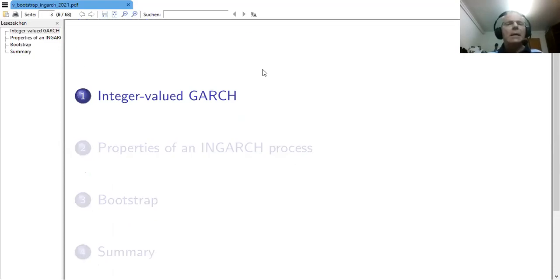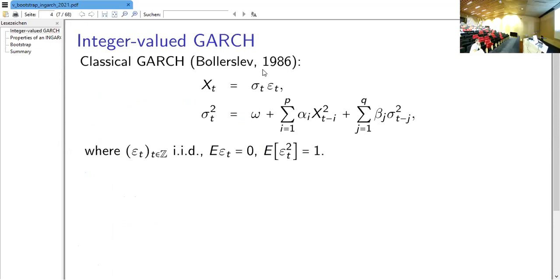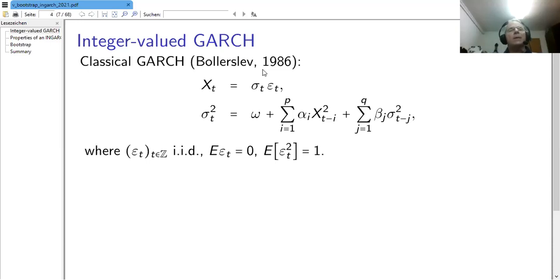Okay, here's an outline of my presentation. As I promised, I will talk about integer valued GARCH processes. So where does the name integer valued GARCH come from? I think that everybody knows what classical GARCH processes are. In the case of classical GARCH processes, it is assumed that one observes a random variable X_t, which has this structure, and the epsilon_t are random variables which are centered and have variance 1.